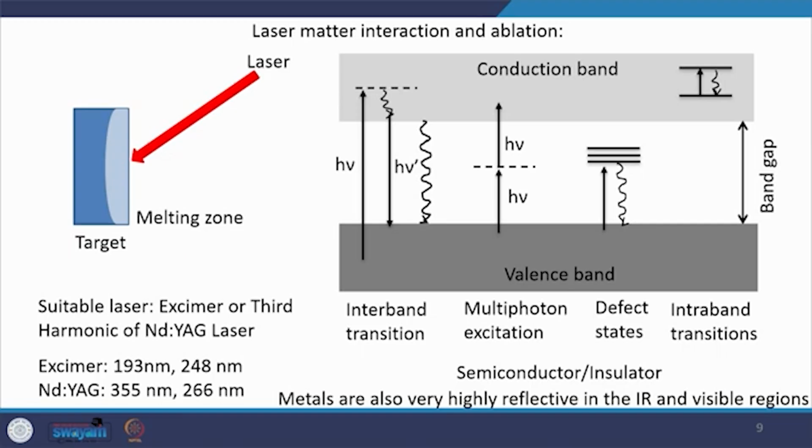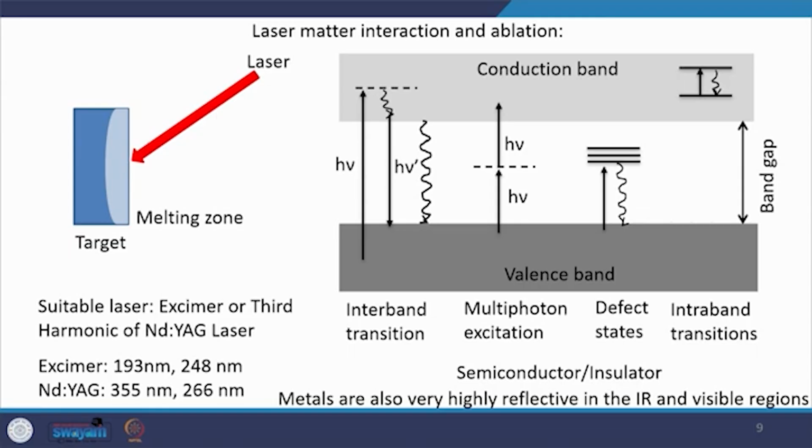There can be different kinds of transitions, either interband transitions, where electrons in the valence band absorb the laser wavelength, say 248 nanometers. That is equivalent to around 4 point some electron volt, which is much larger than the band gap of the semiconductor and insulator.